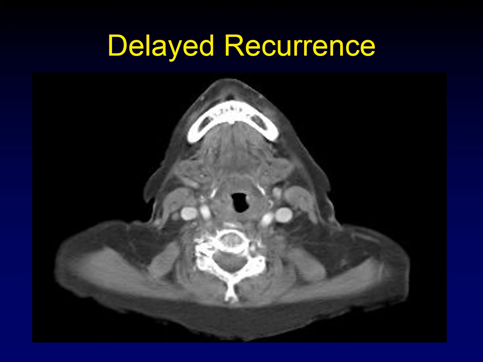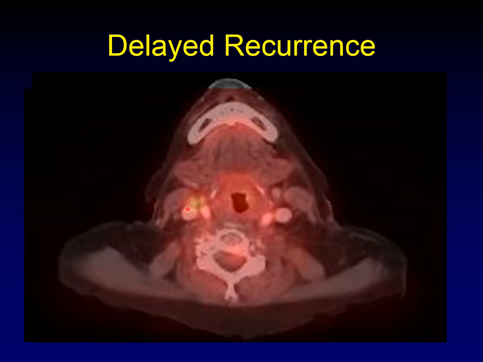I'm showing you the CT component of a PET-CT from a patient who's 38 months out, over 3 years out from the conclusion of her therapy. And sure enough, there's the recurrence. It's not that guy back there. There's the recurrence. Very difficult to pick up.